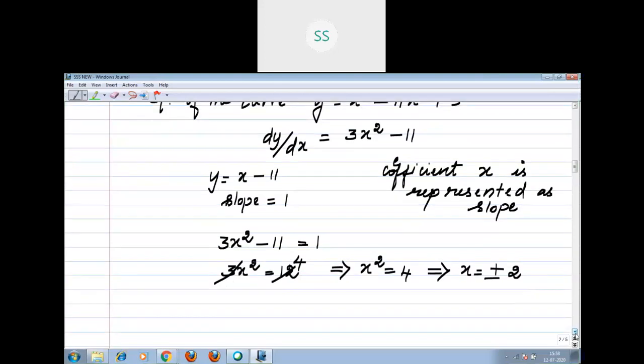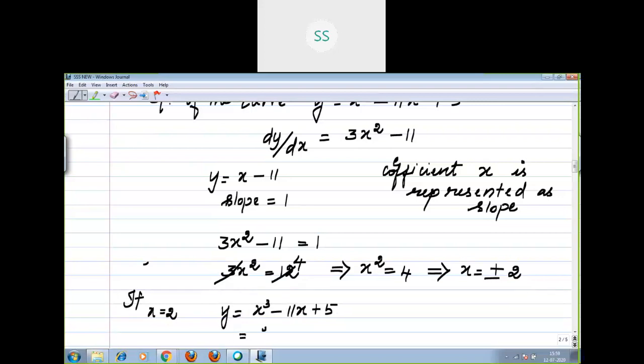Now, when x is equal to 2, what is y? You have to substitute in the curve equation only: y is equal to x cube minus 11x plus 5.